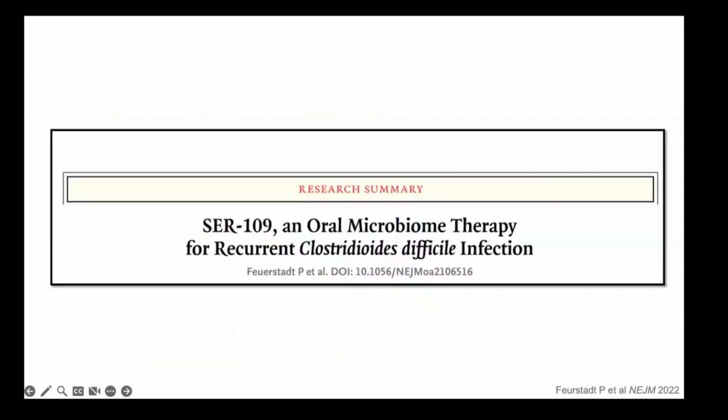But we've moved past mouse studies, and maybe some of y'all will be familiar with this 2022 NEJM article, which looked at SER-109, an oral microbiome therapy for recurrent C. diff infection.